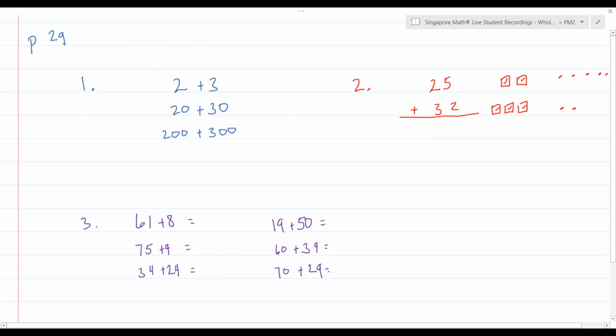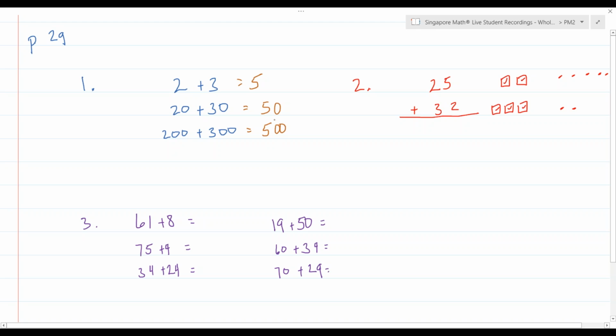I want you to think very carefully about this. This is so important. If you have 2 ones and 3 ones, that adds to be 5 ones. If you have 2 tens and 3 tens, you add those to have 5 tens. If you have 2 hundreds and 3 hundreds, that adds to be 5 hundreds.